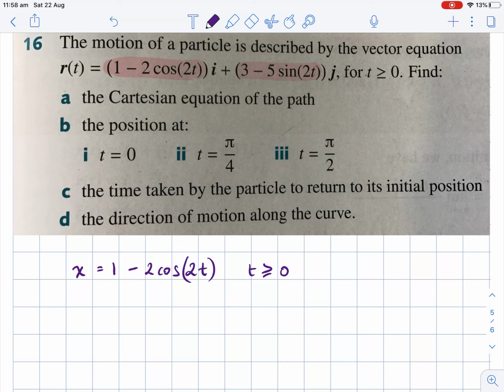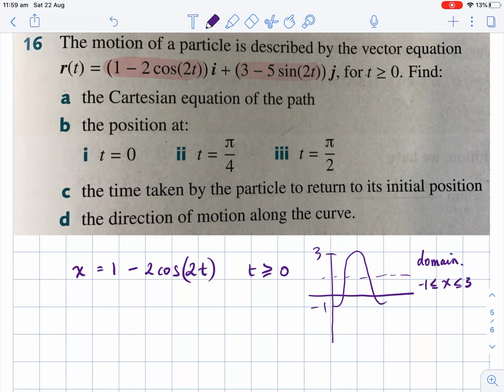A quick think about this graph, we've got 1 minus 2 cos, so the whole thing's moved up one place, and then from there it's negative 2 cos 2t, so it's going to go down to negative 1 and up to 3. So that gives me the domain of my Cartesian equation. So the domain, my x values, will be between negative 1 and positive 3.